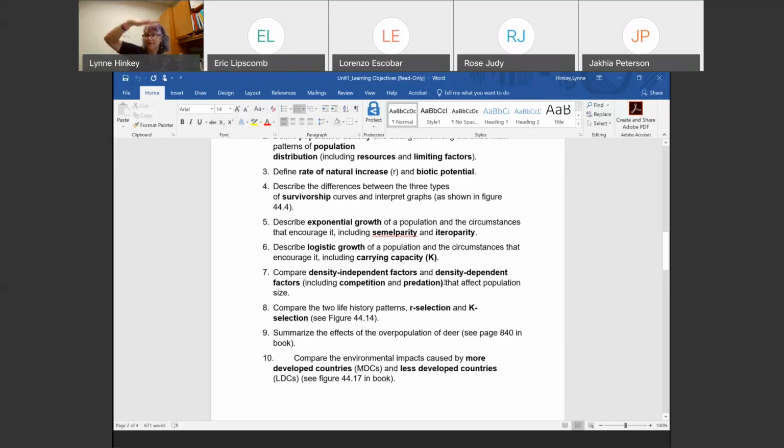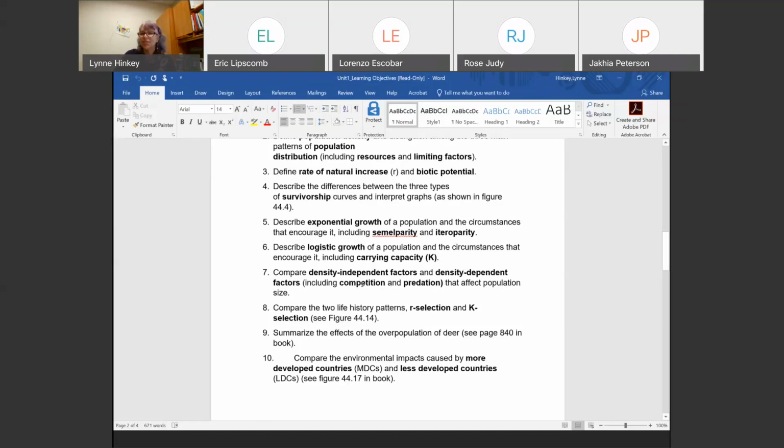But aside from carrying capacity, things that are going to affect where that is, we can look at density dependent and density independent factors that will affect where that carrying capacity is. That will affect our population size, how big it can get. Density dependent factors are things that will change based on how big the population is.